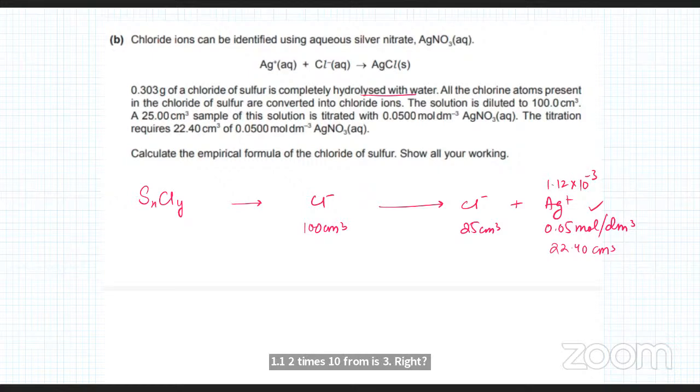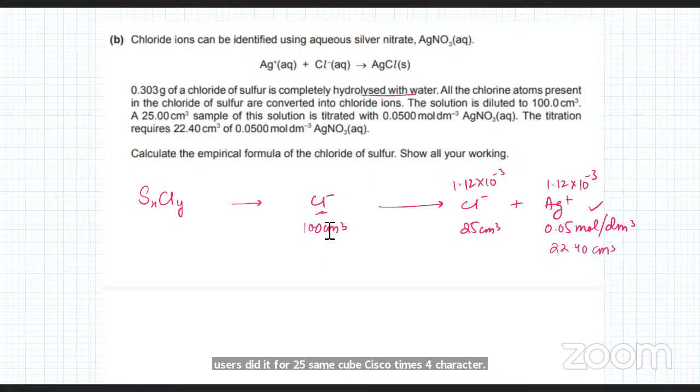So the Cl ions will have exactly the same moles, 1.12 times 10 power minus 3 moles. But the Cl ions in the full solution will be 4 times more because you just did it for 25 cm cube. So times 4 to find the moles of Cl ions.